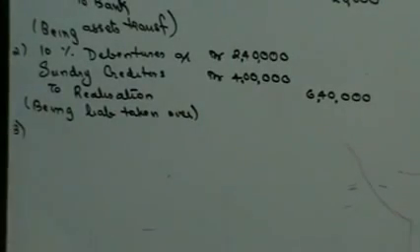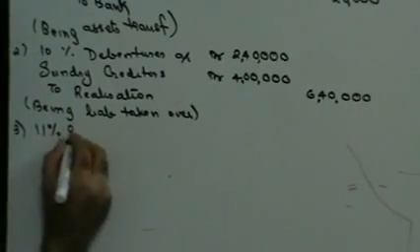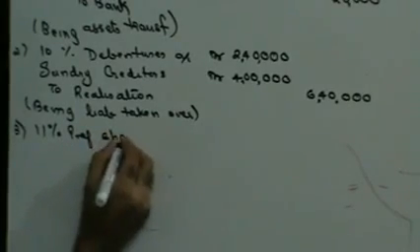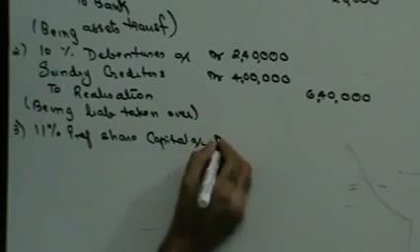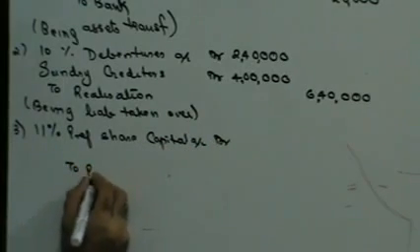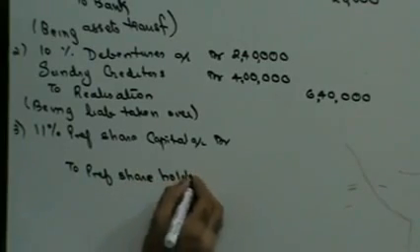Next, transfer the preference shares. You have 11% preference share capital account debit. To preference shareholders. Right?